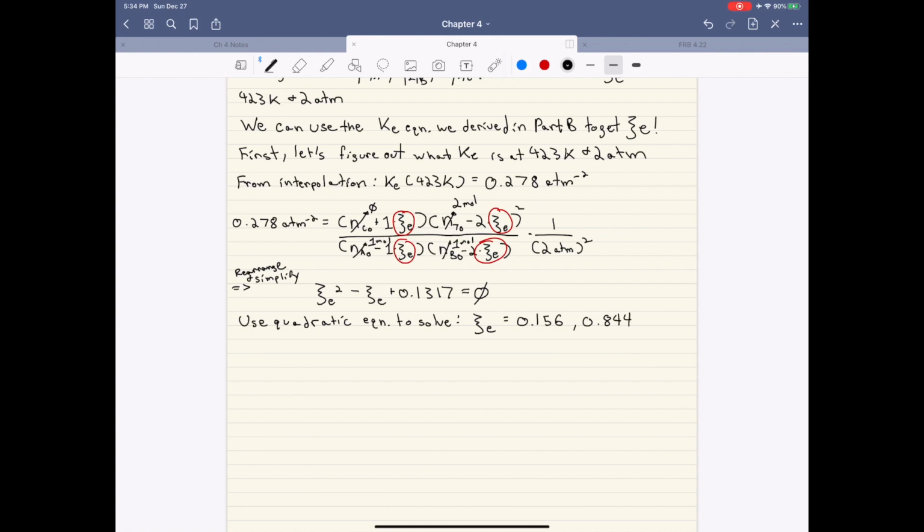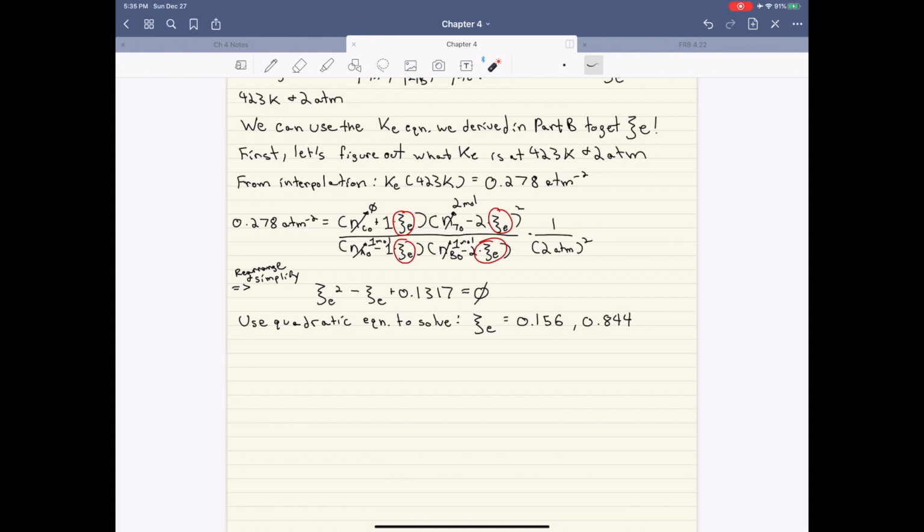Alright, so we have 2 answers, but which one should we use? We could figure this out by plugging these numbers back in to our equation. Alright? And so if we plugged in 0.156 into here, you would get 1 minus about 0.32, and so that would be a positive number.